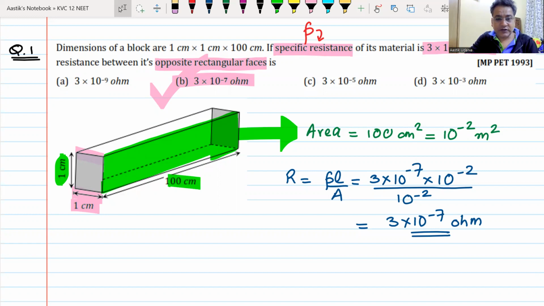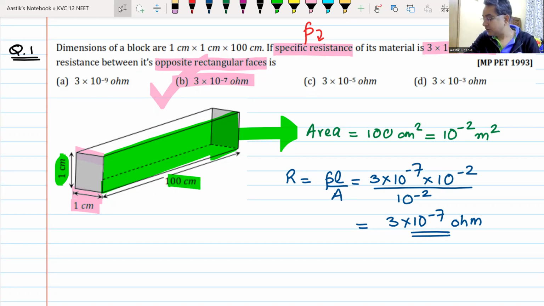I think we have solved the question, and we will be putting our efforts into solving questions based on this, because this is the only part from where a question comes and which is different from what we have studied in capacitance.